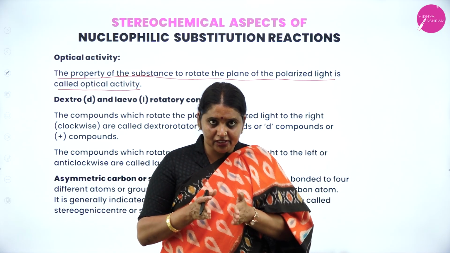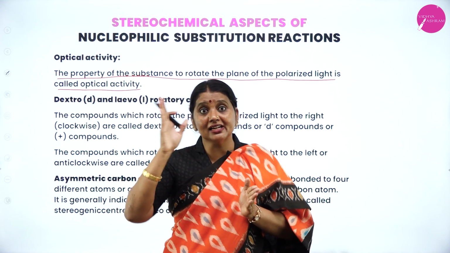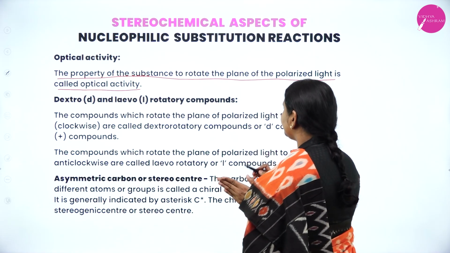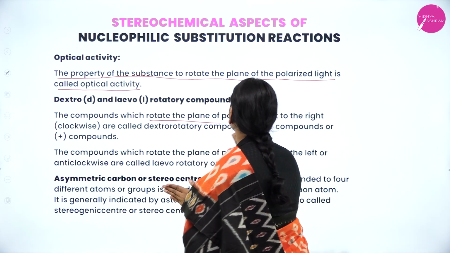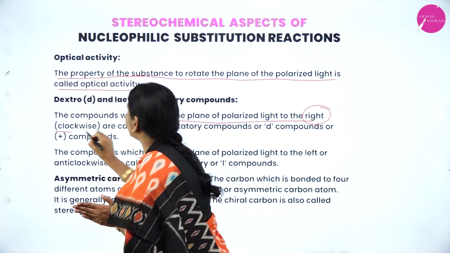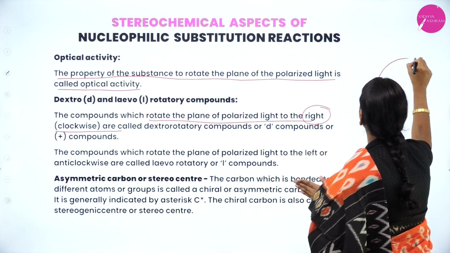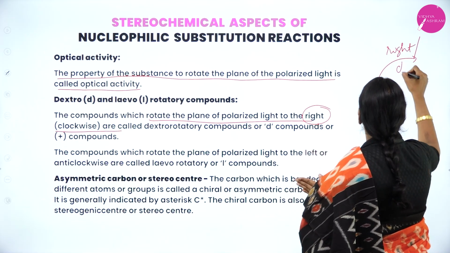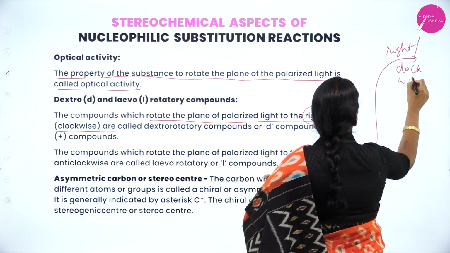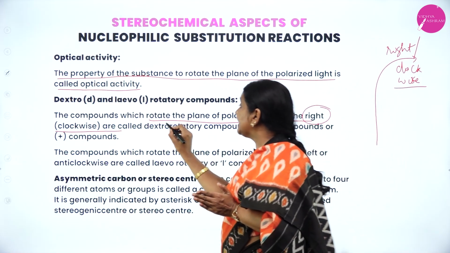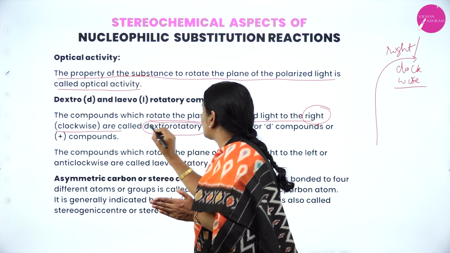If the compound rotates the plane polarized light to the right or clockwise direction, they are called as dextrorotatory.